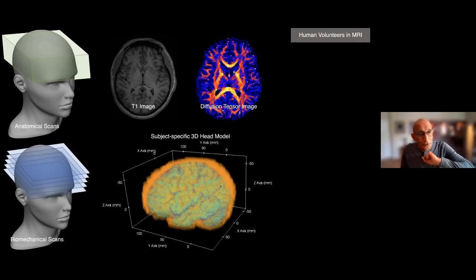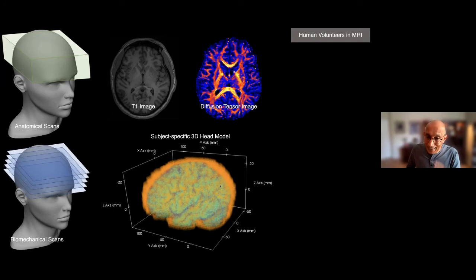On the top left, you have an anatomical scan. First, you as a volunteer will come in and we'll scan your brain, and we'll get images like what you have on the top, the T1 image and the diffusion tensor image. Then on the bottom left, we do a biomechanical scan. That is the same person after we've scanned your brain. We say, okay, now we want you to move your head inside the MRI. You move it yourself, and we will measure how it deforms. With that, we can build a subject-specific 3D head model.